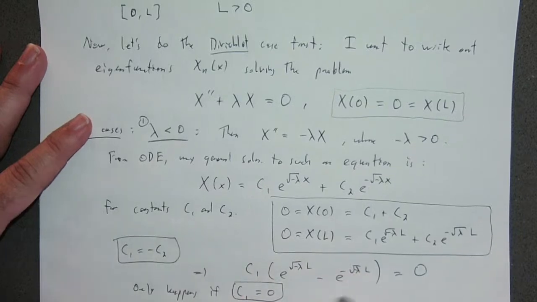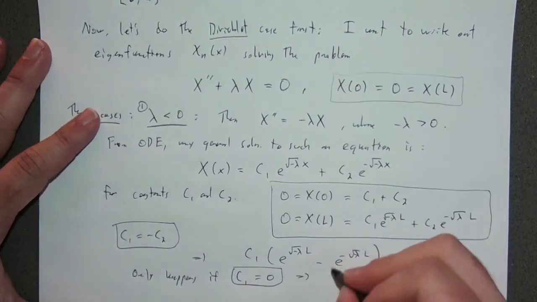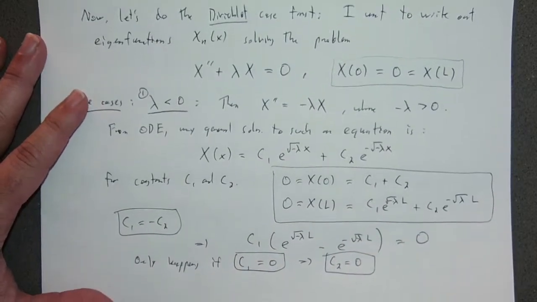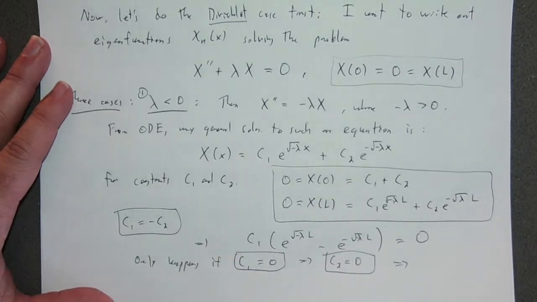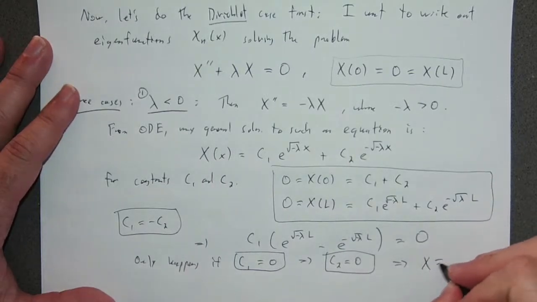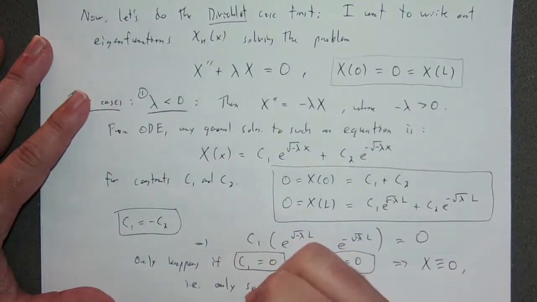Why? Because the exponential function is 1 to 1, so this quantity is not going to be equal. The only way that this is going to work is if c1 is 0. But if c1 is 0, that implies c2 is 0, since c1 is minus c2. Thus, these boundary conditions tell me that the only solution is identically 0, i.e., the only solution is trivial.